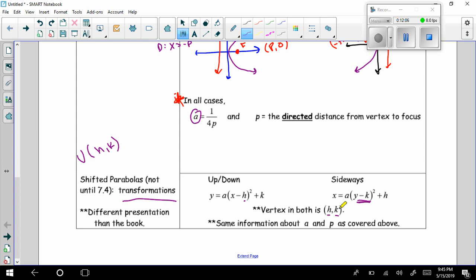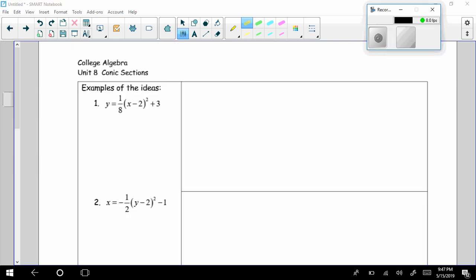Here, k is with y, and x and h would go together if we moved that h over to the other side. So look carefully at what variable is being squared and know that k goes with y, x goes with h. This information up here is the same no matter what.